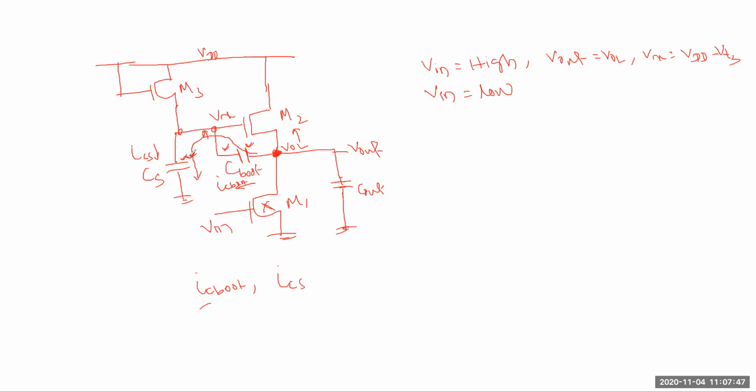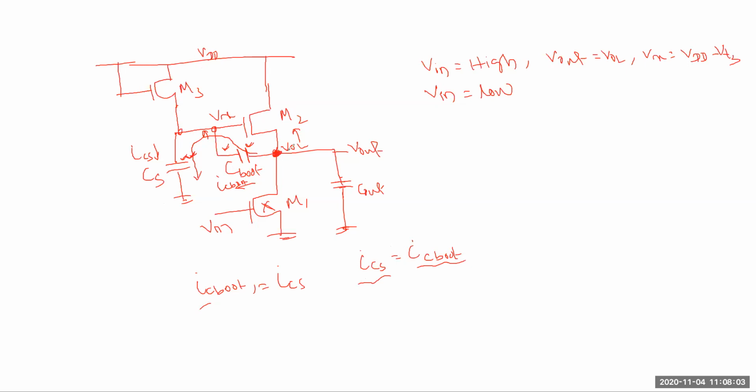There is no current flow here, so the transient current will flow in this path. That means both are the same. I C S is equal to I C boot. That's the change in current, the transient current.